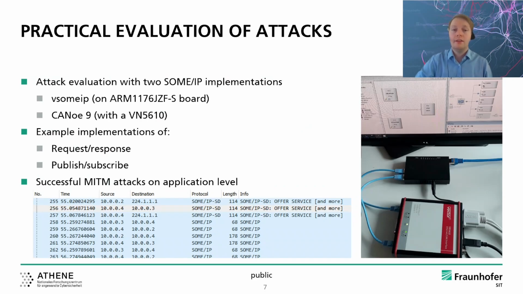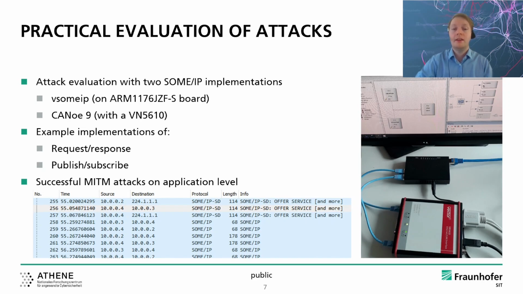To evaluate if our presented attacks work practically, we implemented the attacks. The attacks are then tested against two implementations of SOME/IP: vsomeip, the open source reference implementation of SOME/IP, and the automotive testing and development framework CANoe.